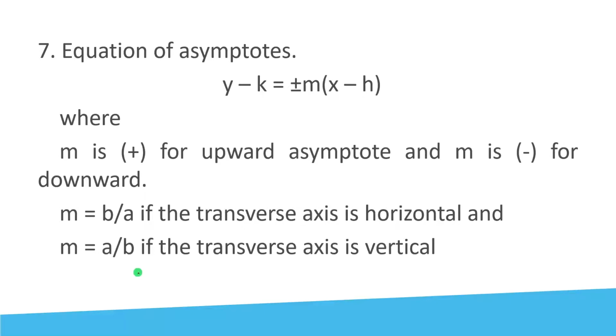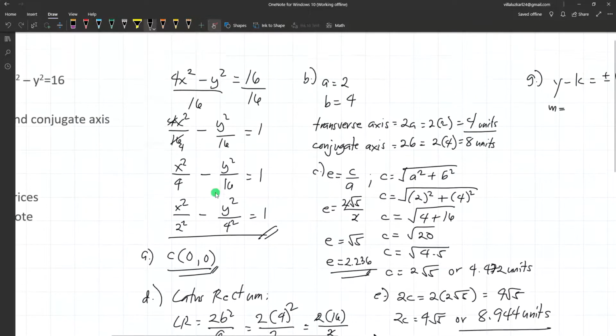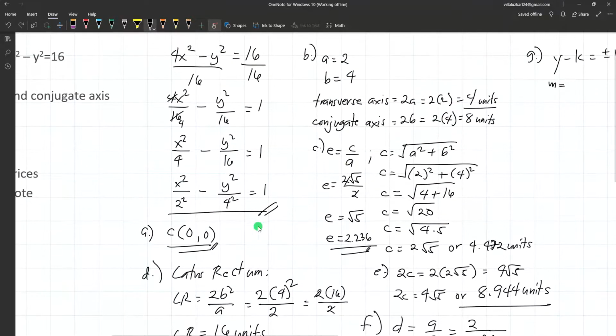Our transverse axis here is 4 units, and basing on the standard equation, our transverse axis is on the term with the x variable. Which means that our hyperbola is along the x direction.